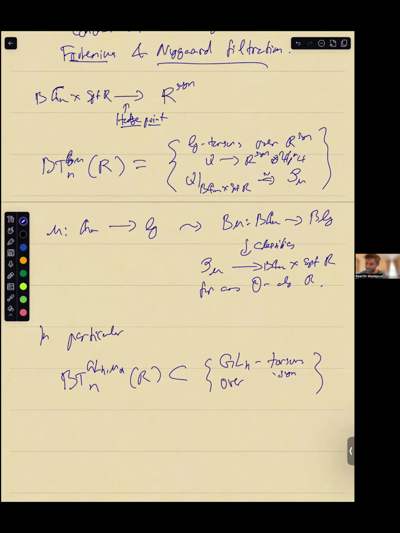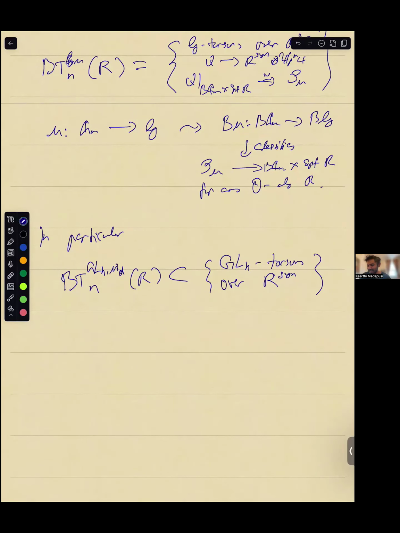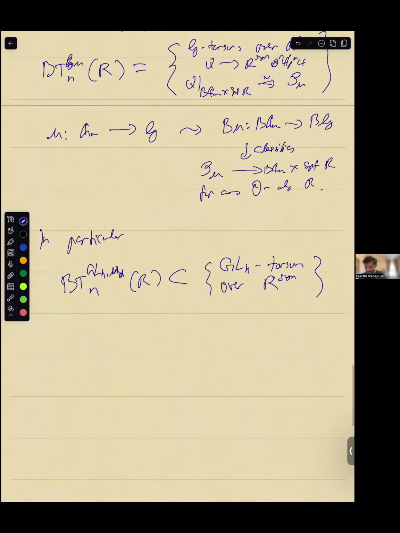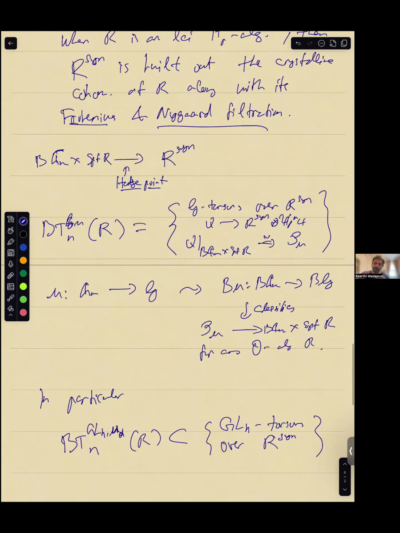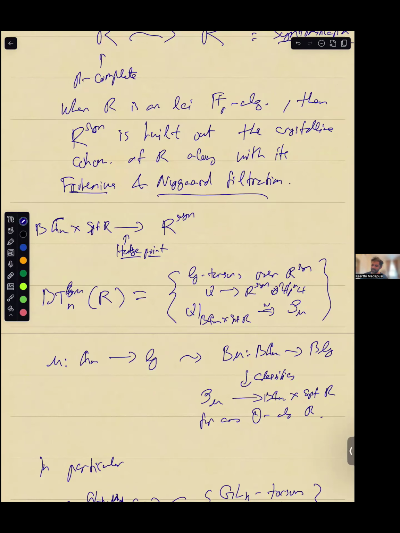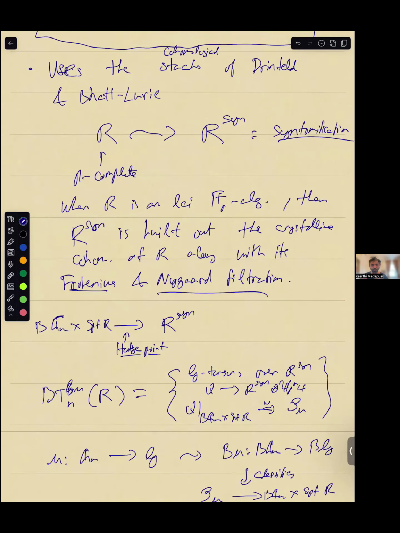The syntomification is a p-adic formal stack, which means it's determined by its mod p^n quotients or base changes. So the moral of this, which is very nice, is that there are various things you want to do with p-divisible groups that you can't, because p-divisible groups don't form a tensor category.